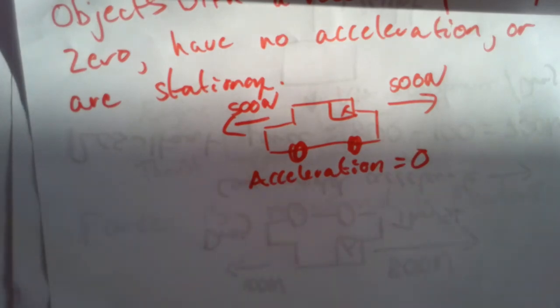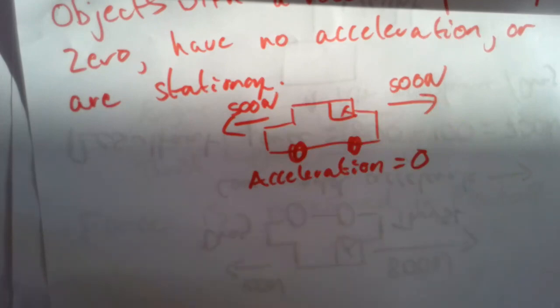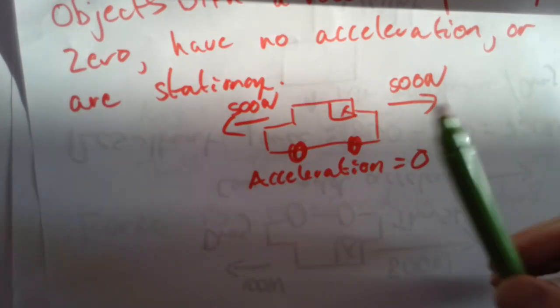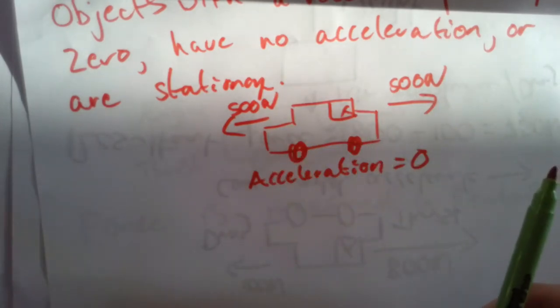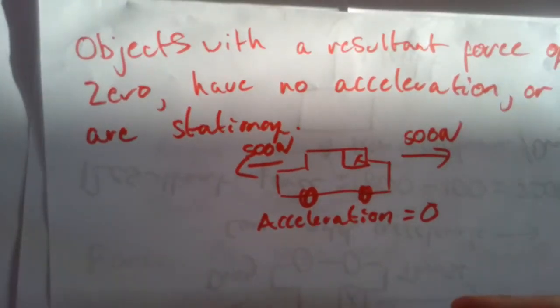And this explains why objects have a maximum speed. You can keep increasing your thrust, you can keep making this number bigger, but as you do, the air resistance, the drag increases as well. And so, eventually, your car, your object can no longer go any faster, and you reach your top speed.